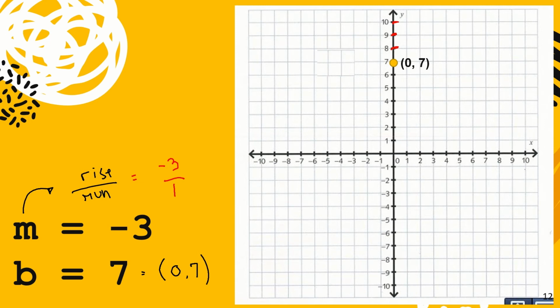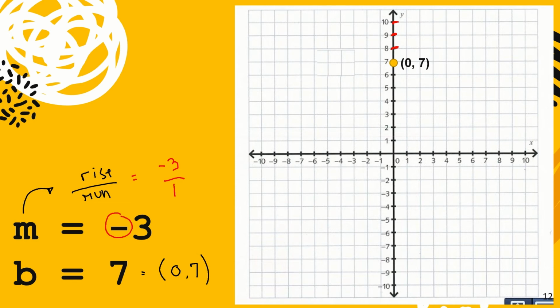But this time, on what side of the number line are you going to run? On the positive side of x or on the negative side of x? Correct. On the negative side of x, because you're going to base your run on the sign of your slope.